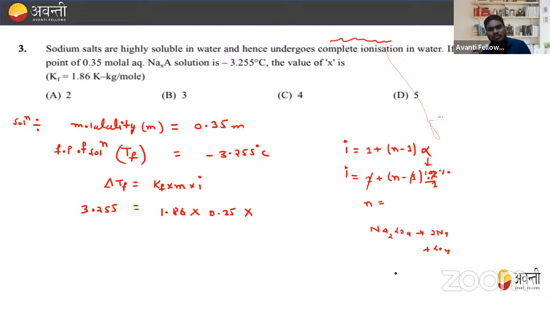So let us assume in the case of NaxA, it dissociates to give x plus 1. This 1 represents the A.